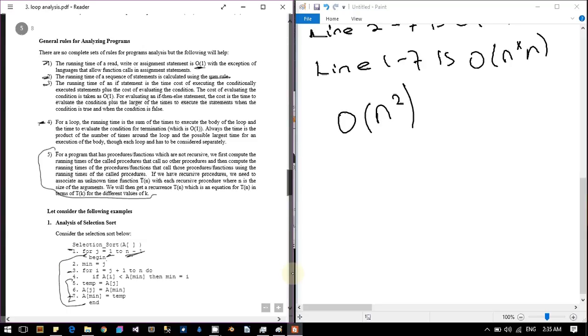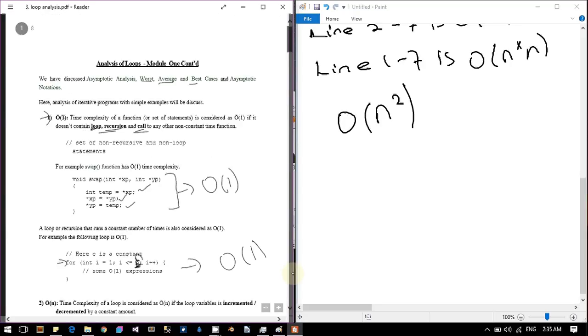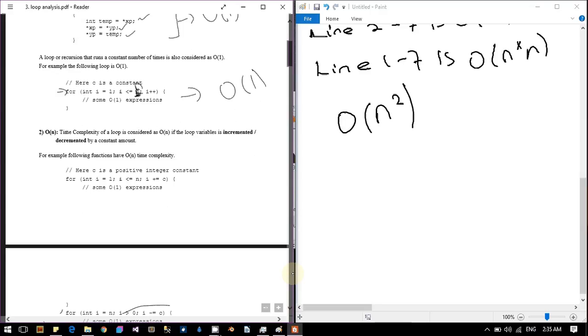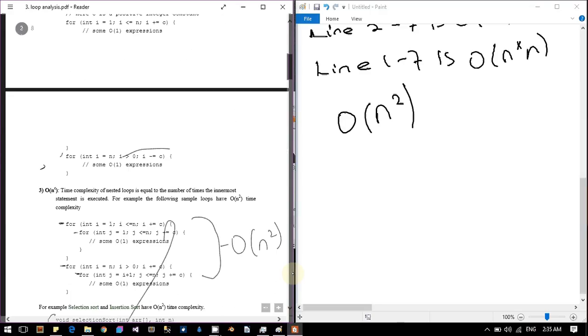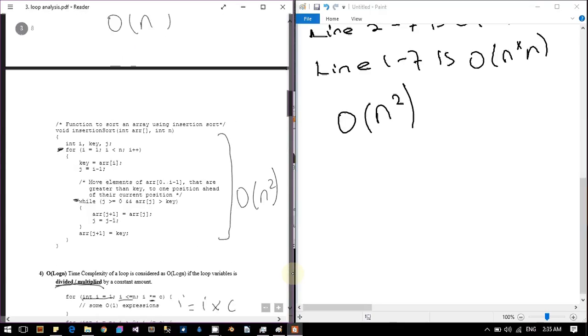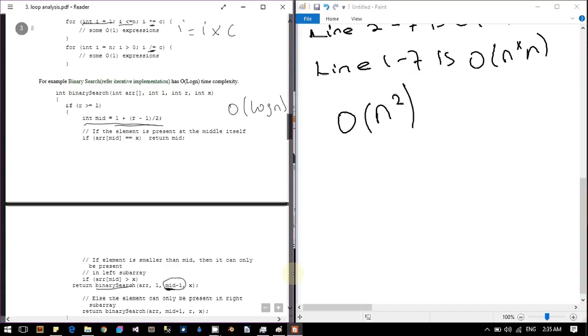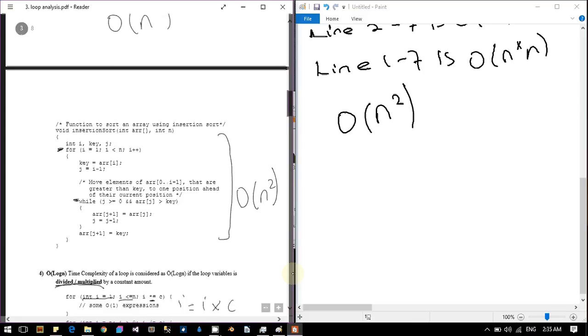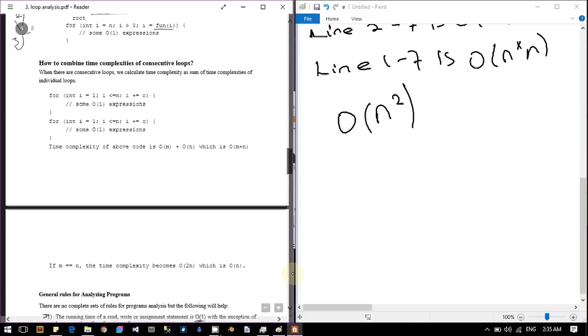So in this lecture, just to review, we looked at the rules. How do you know when an algorithm is of order 1? How do you know when it's order n? How do you know when it's n raised to power c? How do you know when it's log n? Okay, so also we looked at some rules.